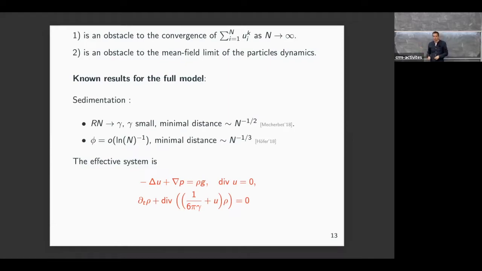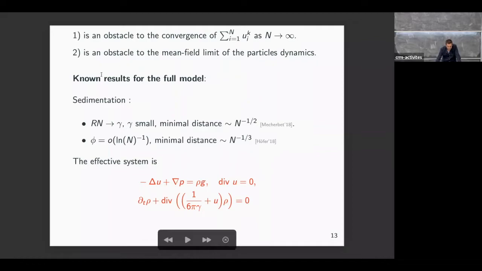So that's one obstacle due to this slow decay. And then because of the singularity at the origin, when you look at the ODE part of the model, you will face the classical difficulties related to mean field limits with singular kernels. So these are the two main sources of difficulties.